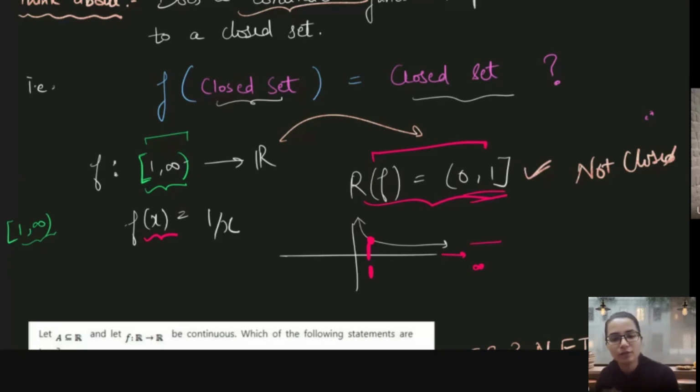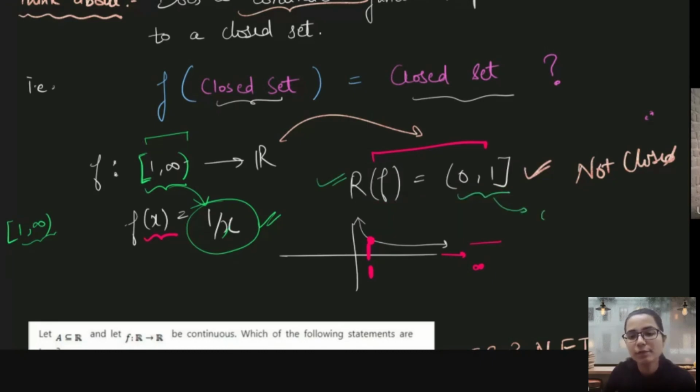Now when we find the range with the help of this function, which was already continuous in this domain, you might think it will not be continuous, but it will be discontinuous only at x equal to 0, which is not a part of this domain. So the range of f came out to be this. But this is not a closed set because 0 is a limit point of this set, but it is not contained in it.